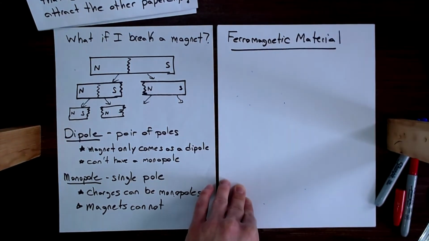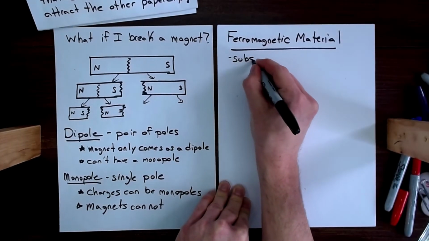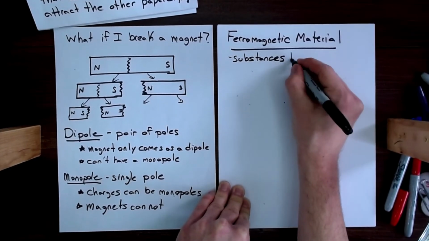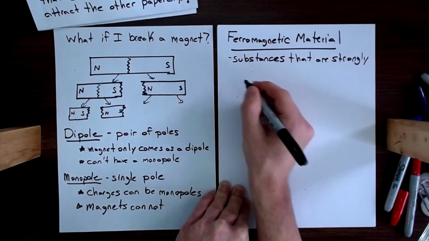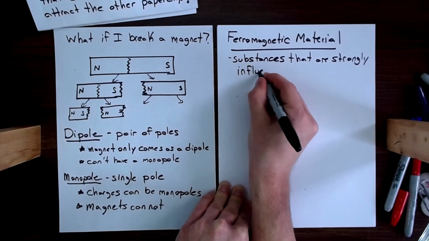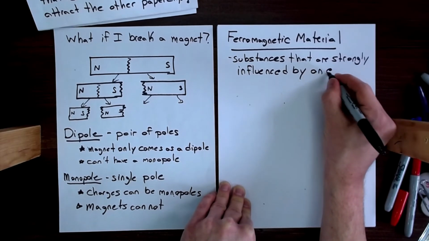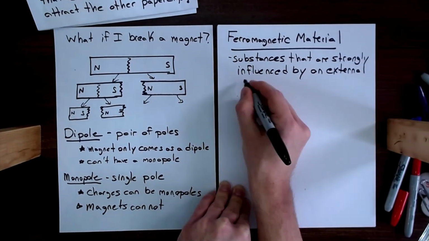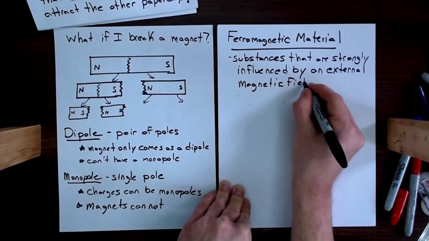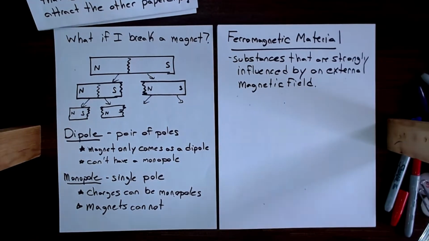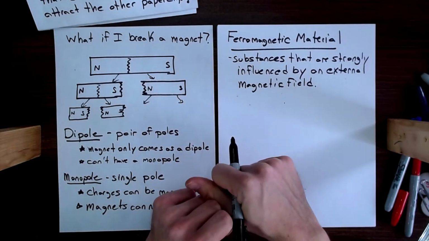They're made with this thing called a ferromagnetic material, and these are substances that are strongly influenced by an external magnetic field. I'm going to throw a word at you here, field. We don't know about magnetic fields yet, but you know about electric fields, so I hope it's not too much of a stretch to just mention them. The next lesson will be about these magnetic fields.